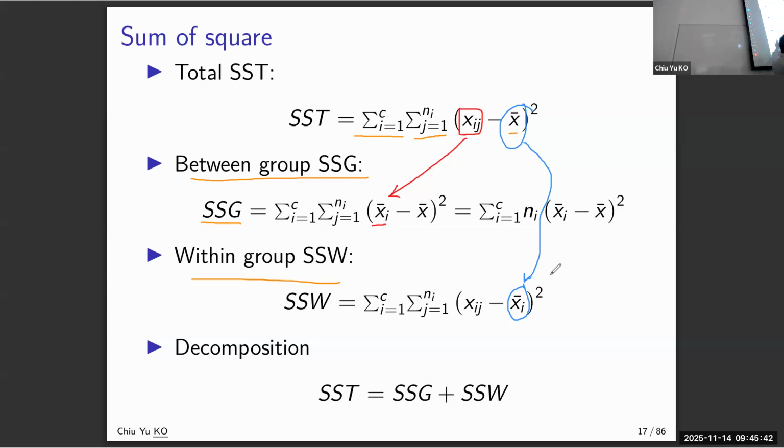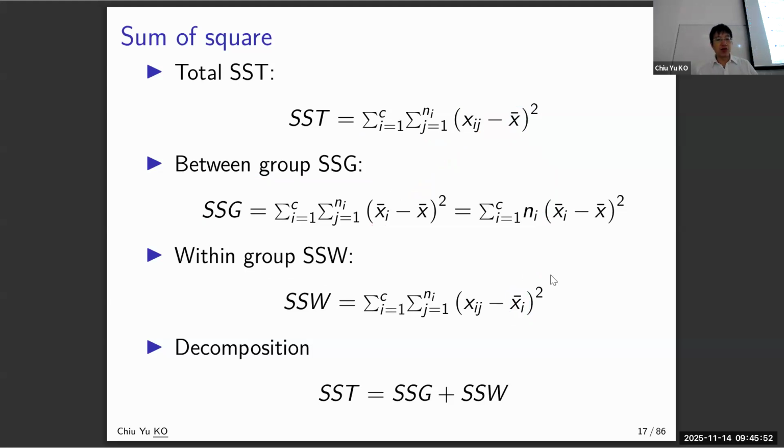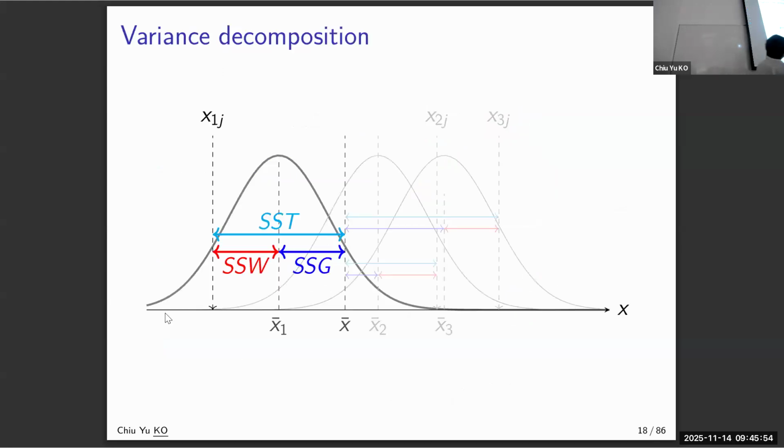And we would argue that the first one is equal to the adding up of the other two. It's true by math, but let's see why. You can imagine the total variation is like getting from this observation to the overall grand mean here.